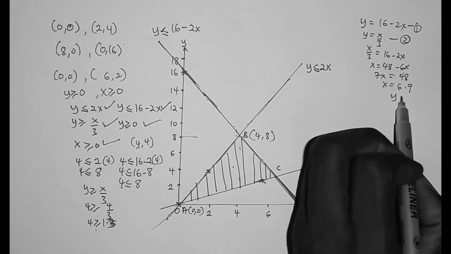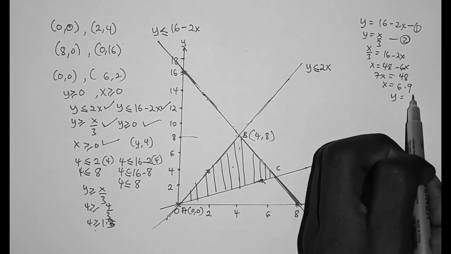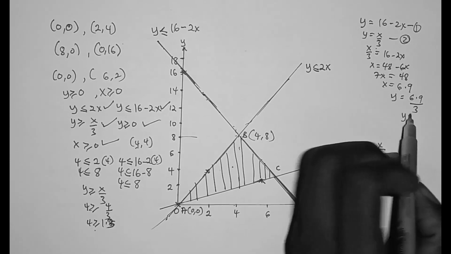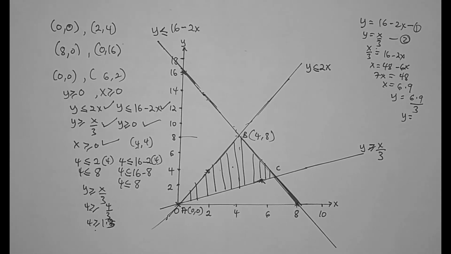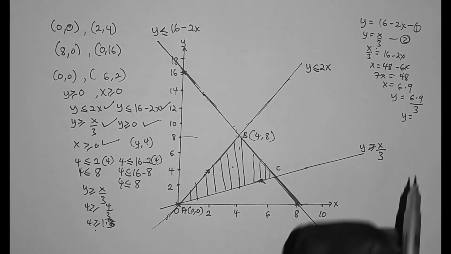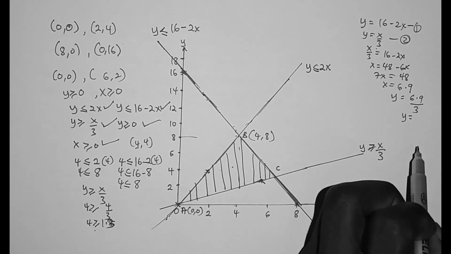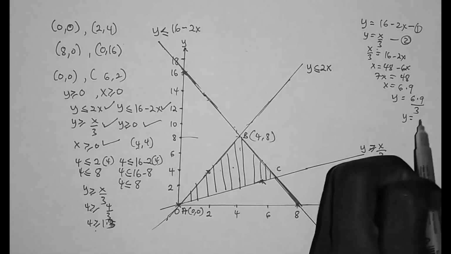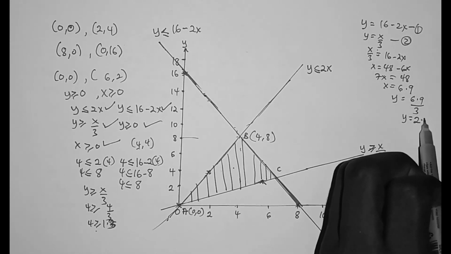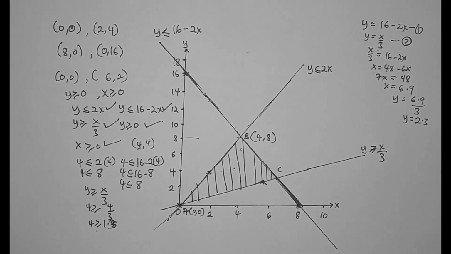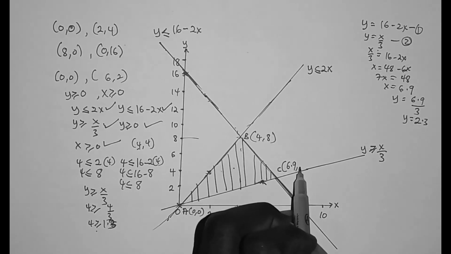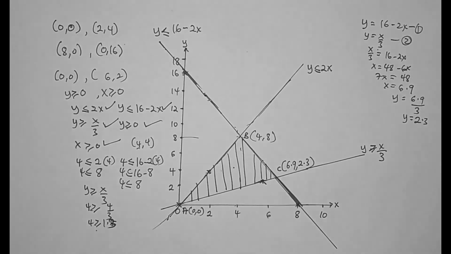So y is equal to, from equation 2, 6.9 divided by 3, which will give us 2.3. So the value of y is 2.3. So this C is 6.9 and then 2.3.